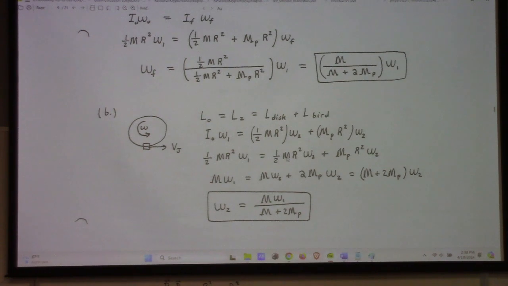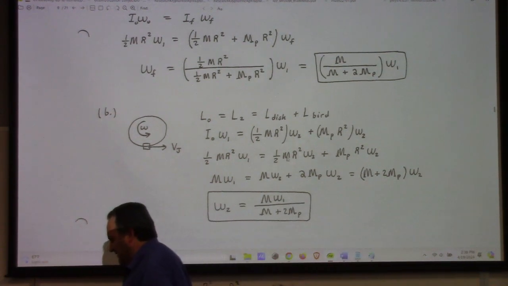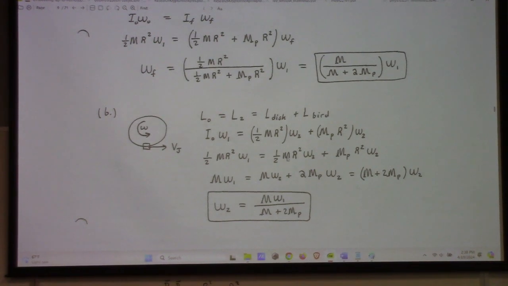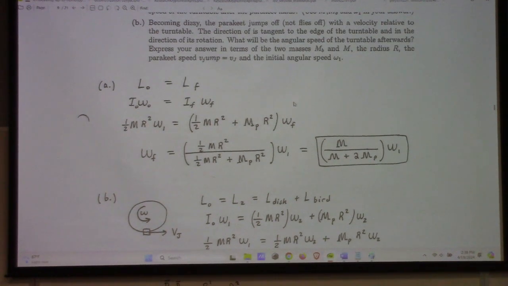Initial angular momentum should be 1/2 M plus m r squared, because the initial condition is when the parakeet is still on the disk. Yeah. So there's something wrong here anyway. Let me look at this, guys. There's obviously something wrong here. Give me a second here.